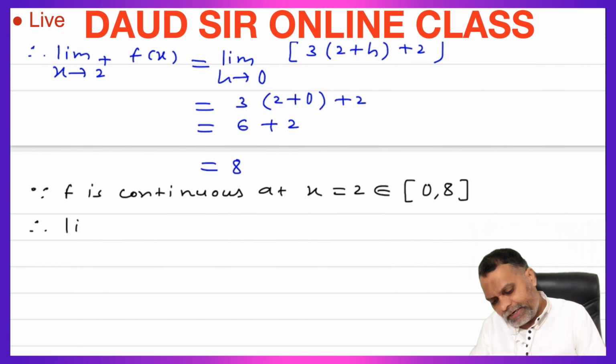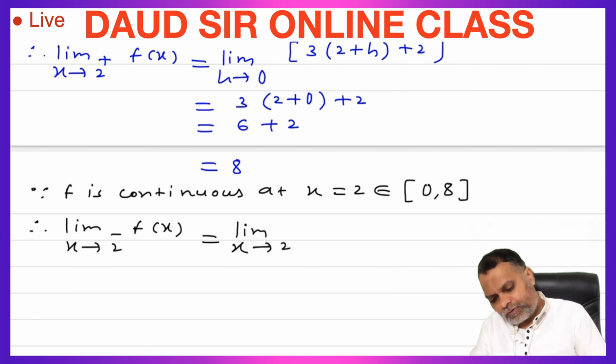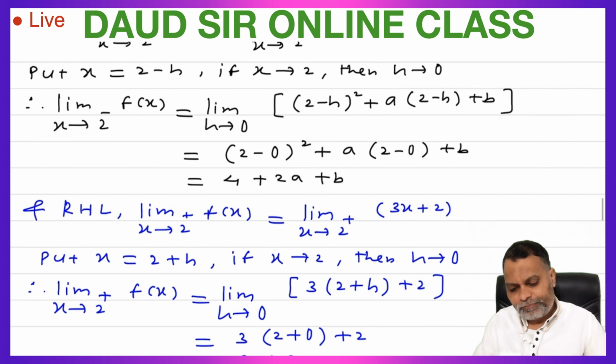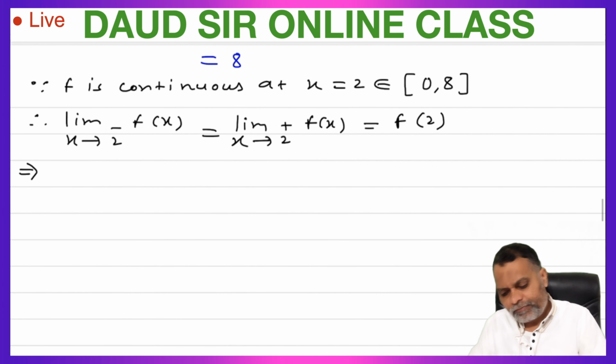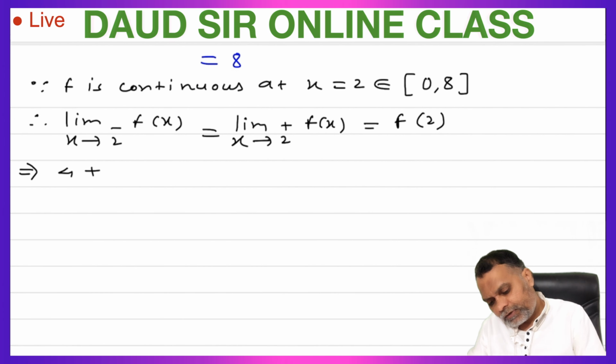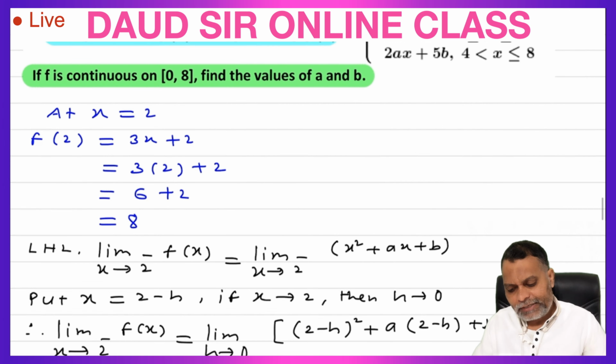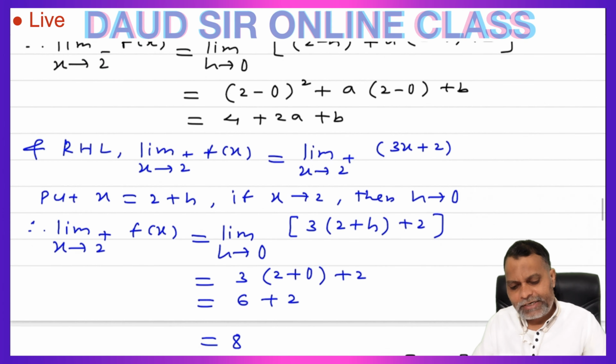Therefore, left hand limit x tends to 2 minus f of x is equal to right hand limit x tends to 2 plus f of x is equal to f of 2. Substitute values. Left hand limit 4 plus 2a plus b is equal to right hand limit 8, and the value of function at x is equal to 2, f of 2, is 8.